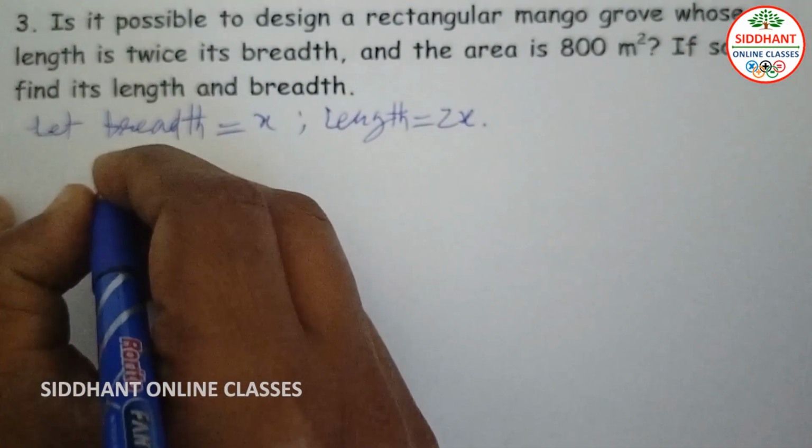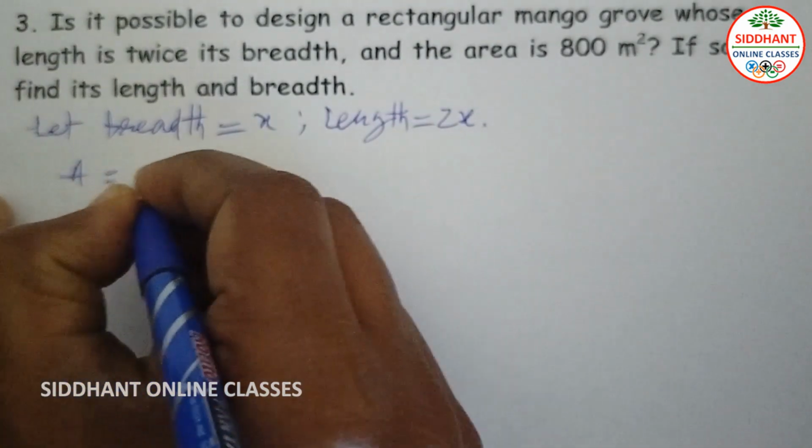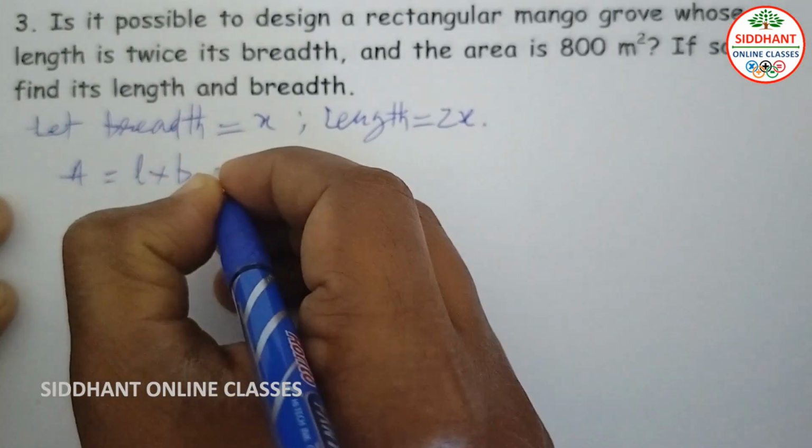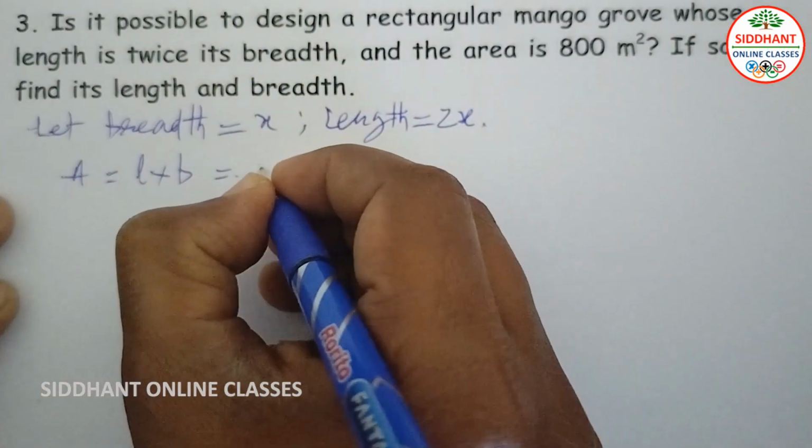That means area we know is L × B. So that will be 800 here.